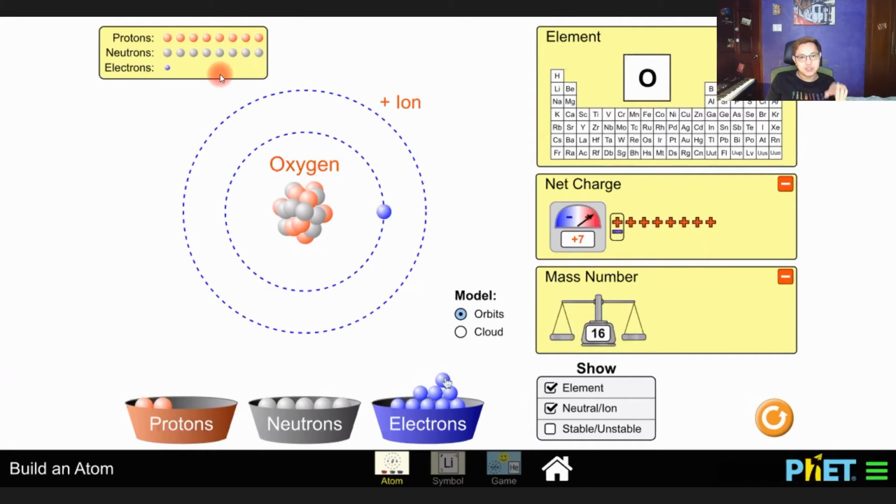When you change the outer shells, which are electrons, the nature of the atom is still the same, it just becomes a positive or negative ion. However, if you manipulate the number of protons or neutrons, it becomes a different element. Try it. I'm trying.